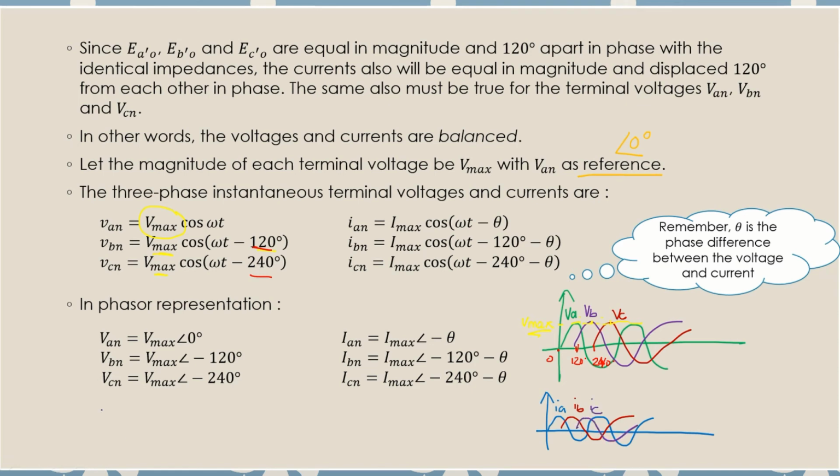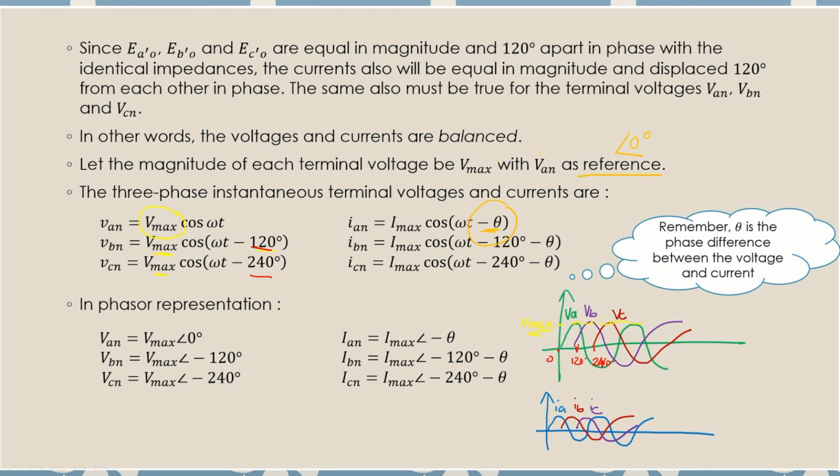And if you see here, they have a displacement angle. Displacement angle means that they are not in the same phase as VA and IA. So IA is a bit displaced, so that's why we have a displacement angle of negative theta.